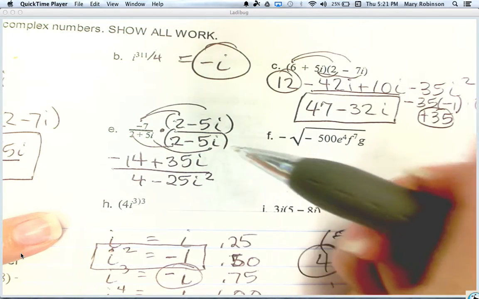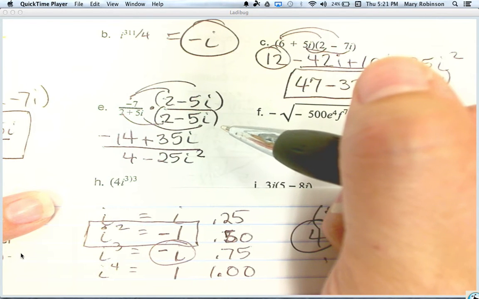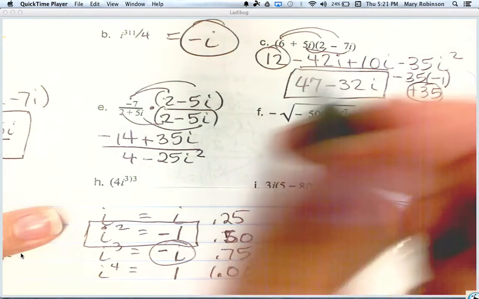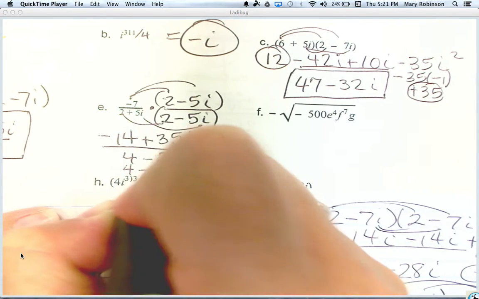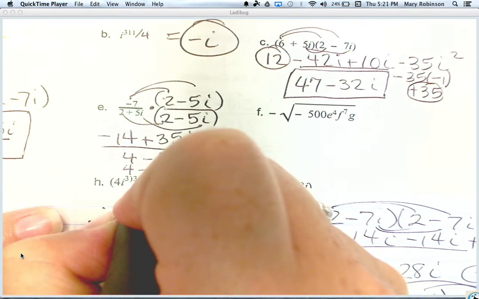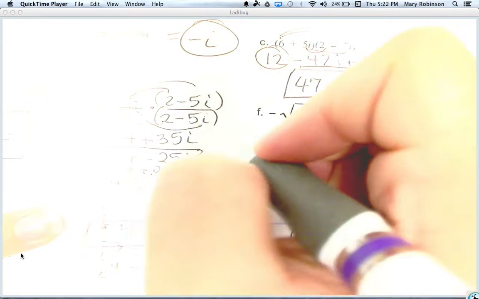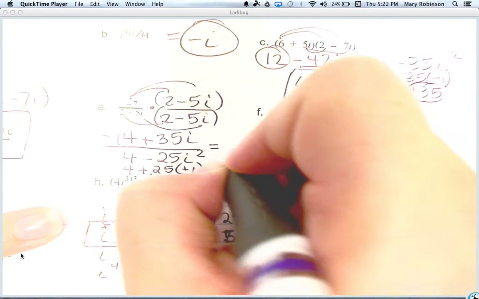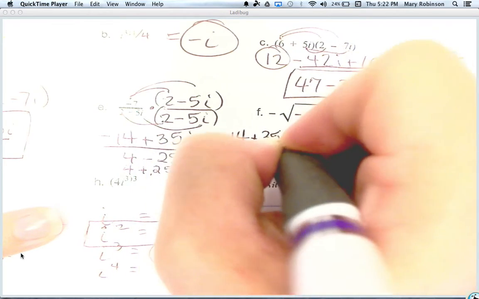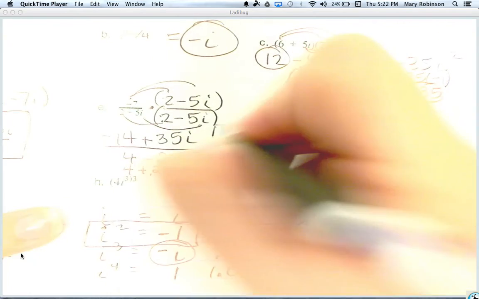Notice I'm not using the box method or double distributing because the whole point of using the conjugate is that the middle terms with i in them will cancel out. So now I have 4 minus 25 times negative 1, which turns into 4 plus 25, which is 29. So my final answer will be negative 14 plus 35i all over 29.